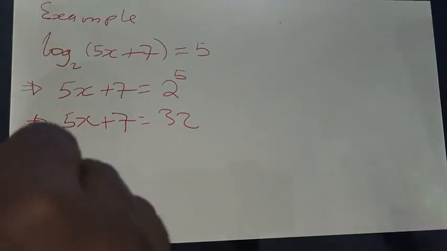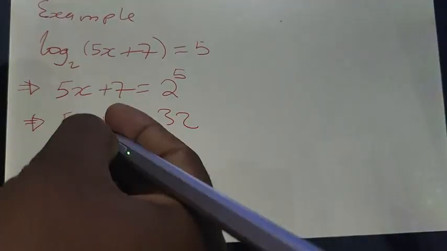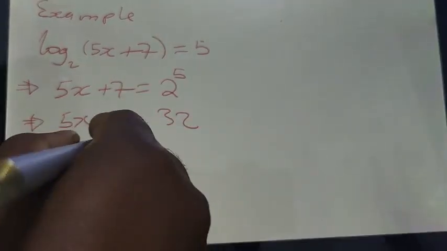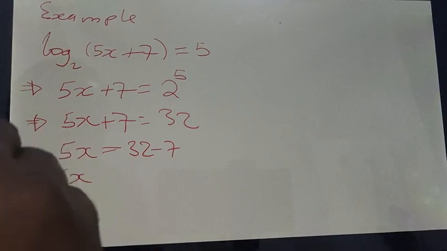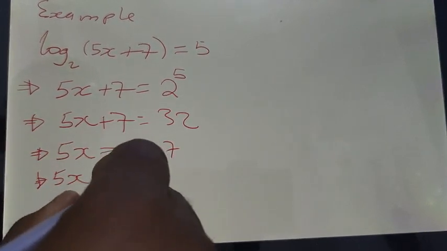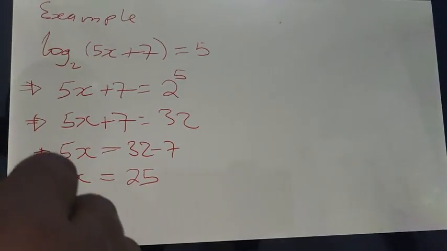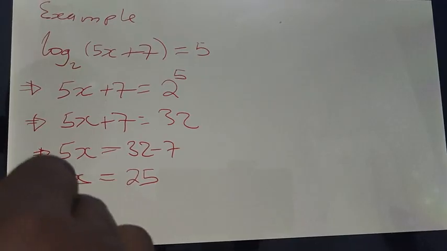Then you take 7 to the other side, you have 32 minus 7, you have 5x will be equal to 25. Then our x, we will divide both sides by 5.